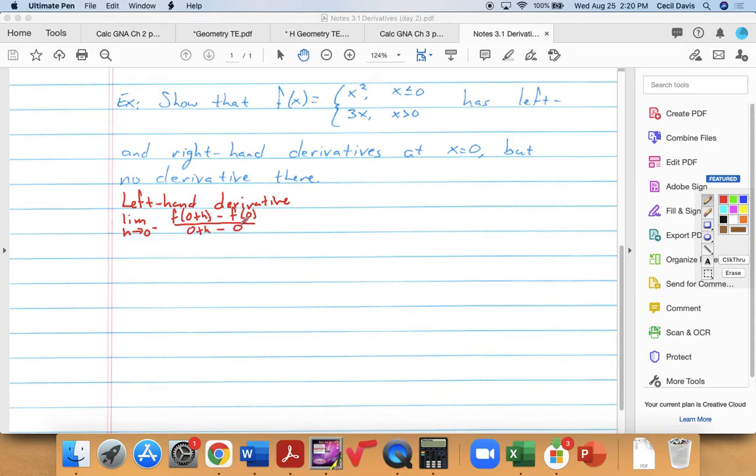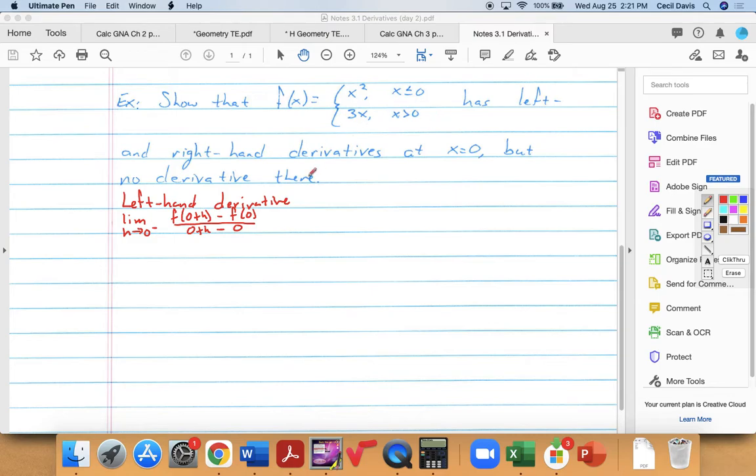You don't have to write 0 plus h minus 0. I just do that to make me think this is a slope. It's the change in y over the change in x. It just helps me, because if you start dropping it too soon, you start beginning to lose what it is that this is actually telling me.